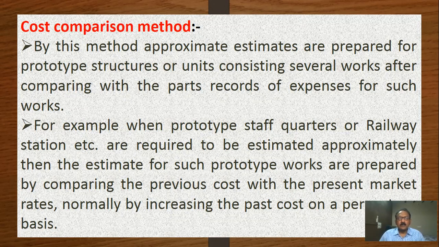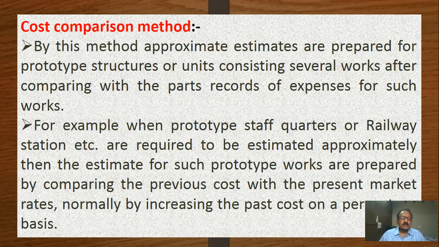I want that type of building to construct. So you know what is the cost already in that area, and compare. Suppose that was constructed 2 years back, what is the cement cost, what is the steel cost, that also you will compare. This is the cost comparison method.